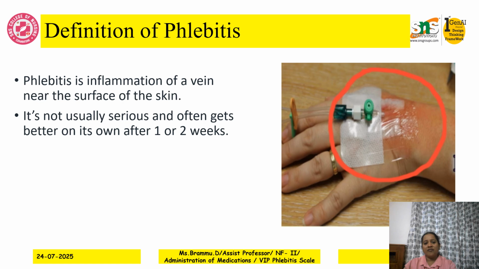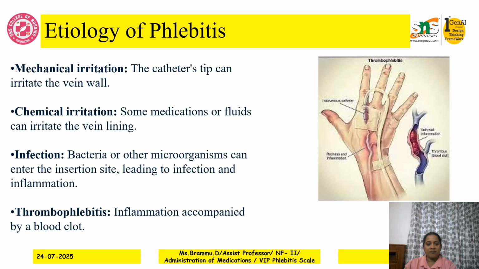The definition of phlebitis is the inflammation of the vein near the surface of the skin where the cannula is inserted. If it is not serious, it resolves on its own, but according to the grade, it has different healing properties.